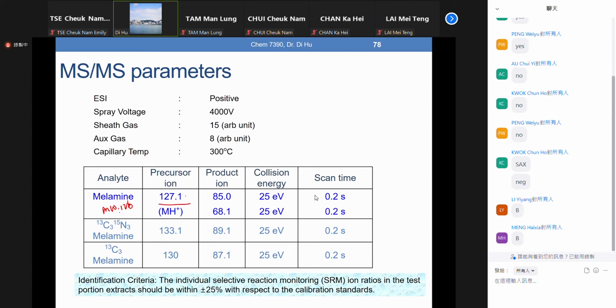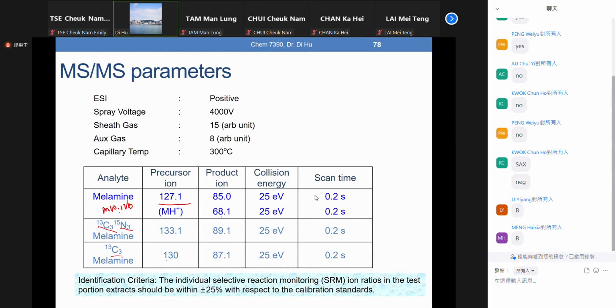So the precursor ion is 127. And for the isotope labeled melamine, it depends on how many atoms have been isotope labeled. This one is molecular weight plus 6, so that's 133. And this one plus 3, so this is 130. And melamine can generate 2 pairs of parent and daughter ions: 127 to 85, and 127 to 68. So 2 pairs of that.